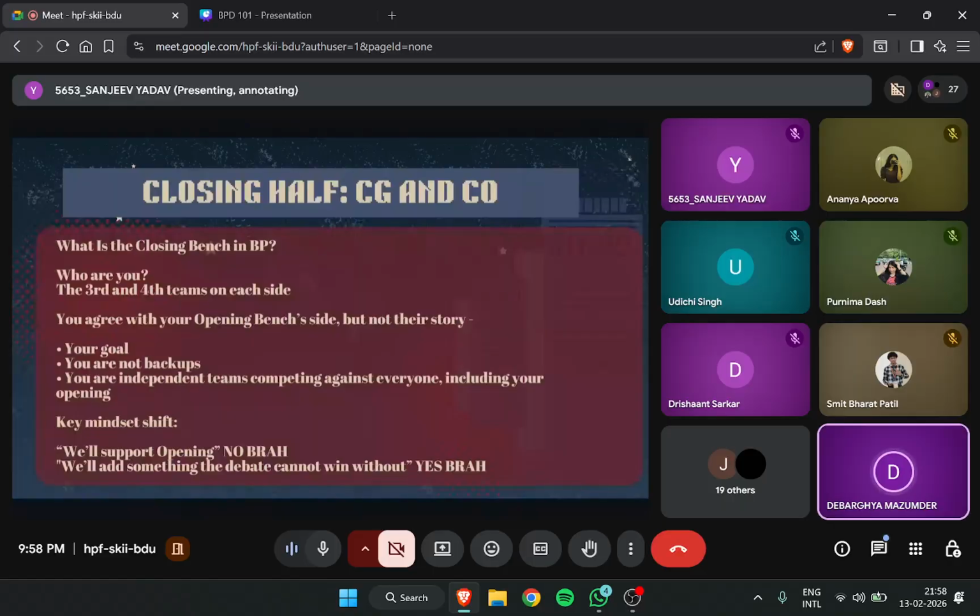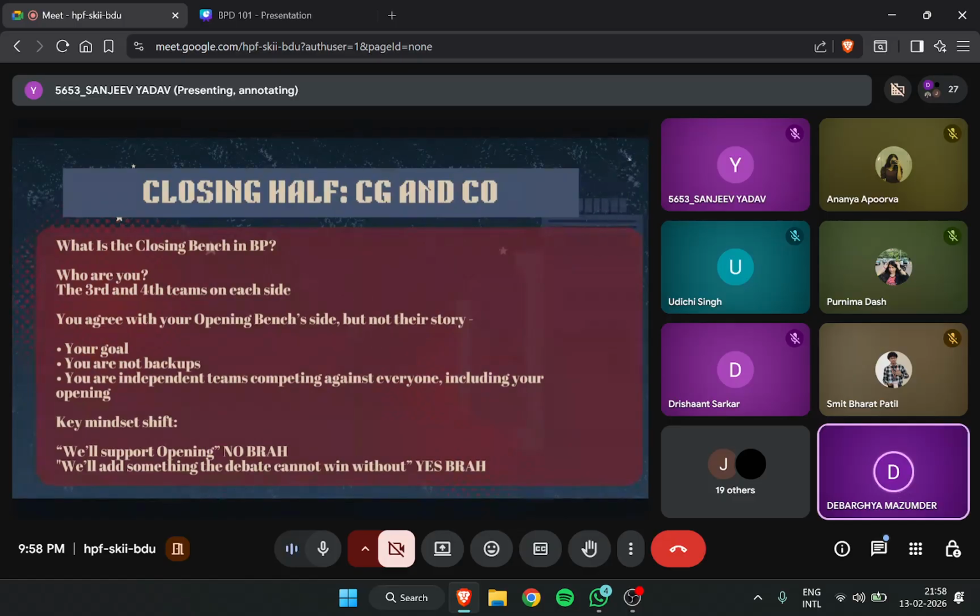You have to agree with your opening bench side, but not their story. What do I mean by story? It will be further fleshed out. My goal is different from the opening half. We are not some backup.